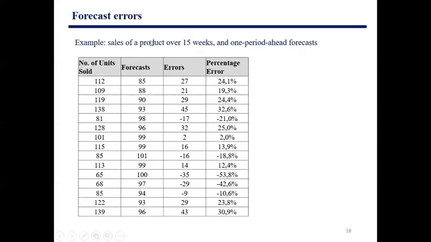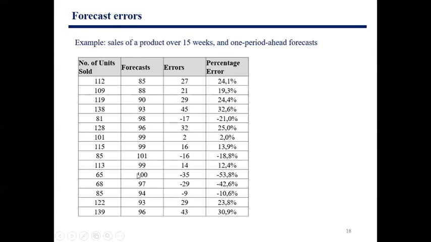So here, I took also the same example from the book, and we'll use it many times for the next slides. Here we have sales for 15 weeks, and we have one period ahead forecast. So here you have your sales, and here you have one period ahead forecast.